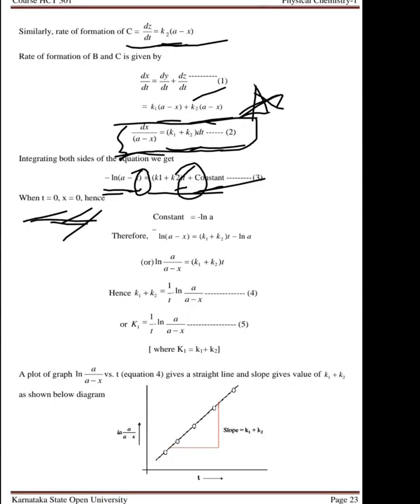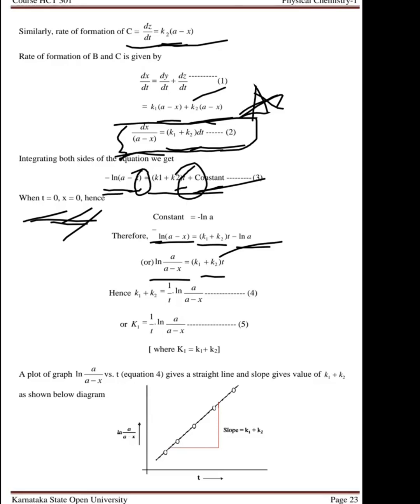So further we are going to integrate here. Minus ln of A minus X is equal to K1 plus K2 into t minus ln of A, or it can also be written as, taking ln of A minus X to the right hand side, ln of A by A minus X is equal to K1 plus K2 into t.